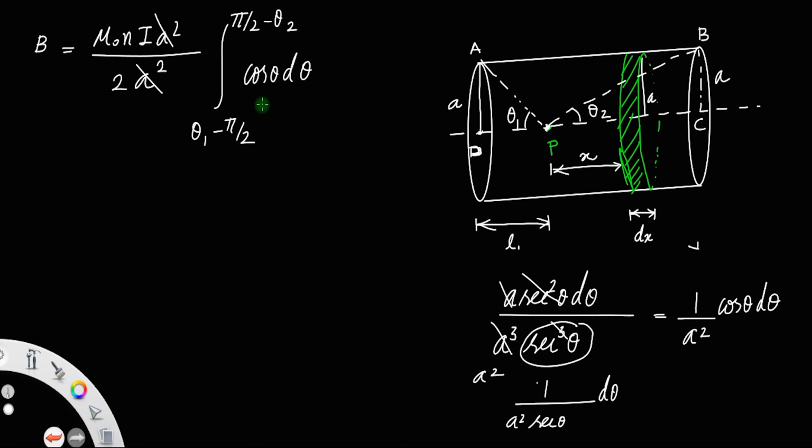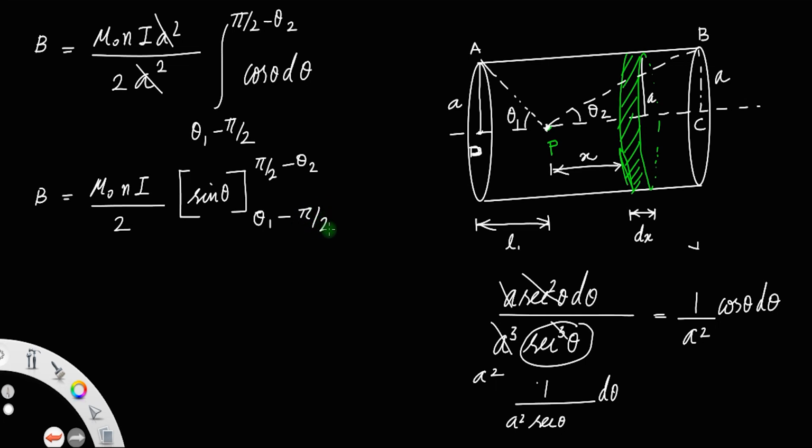Integral of cos theta d theta is sin theta. So B is equal to mu 0 n I divided by 2. Integral cos theta is sin theta. Sin theta, first you have to put the upper limit pi by 2 minus theta 2. Now the lower limit theta 1 minus pi by 2.